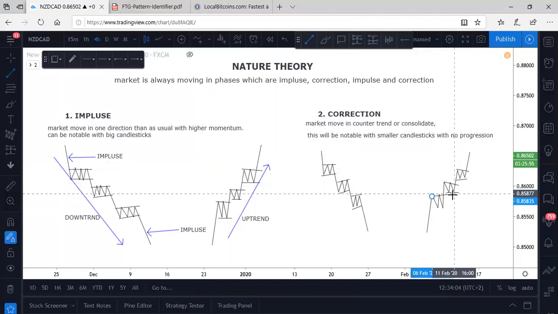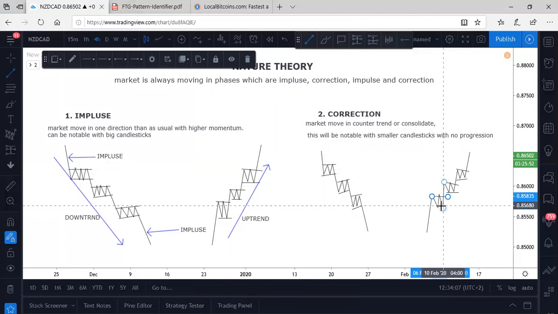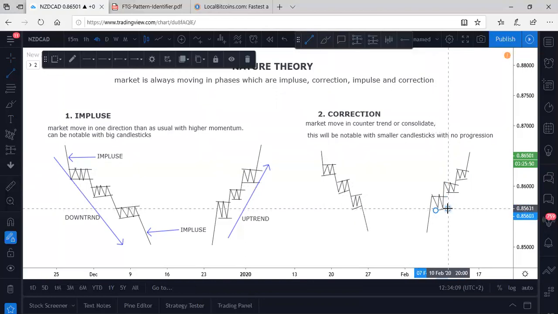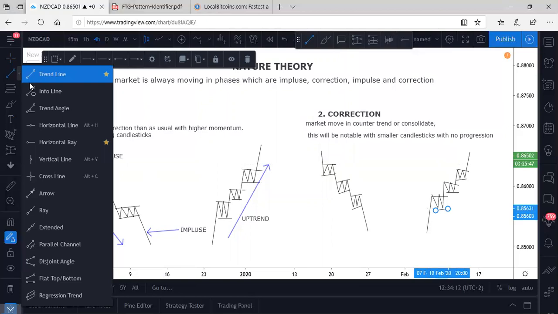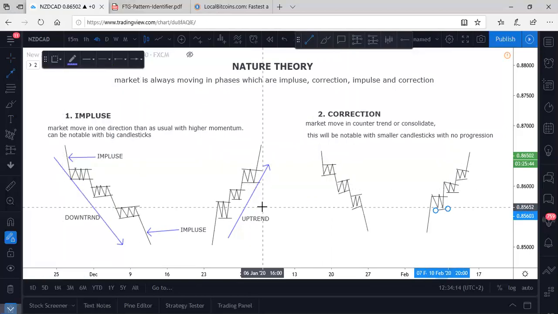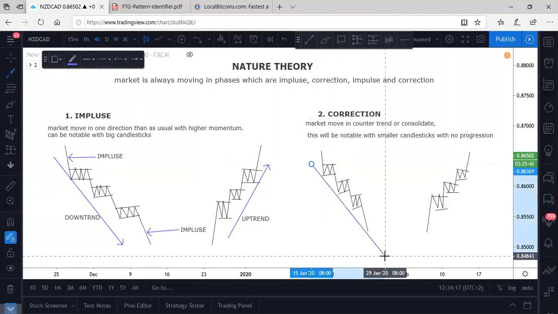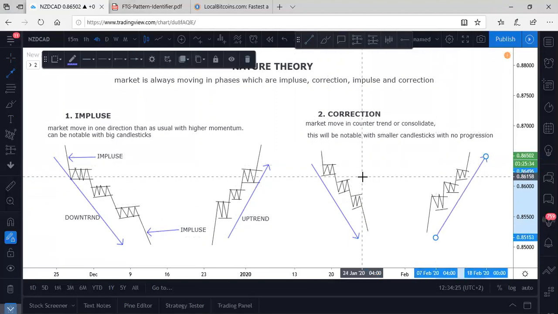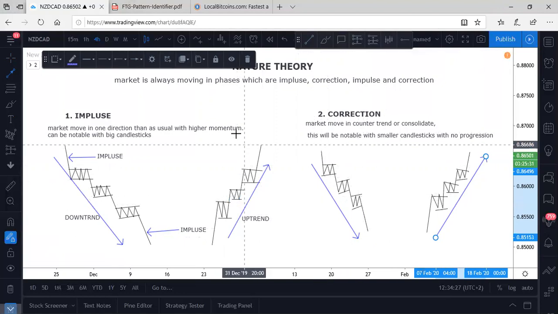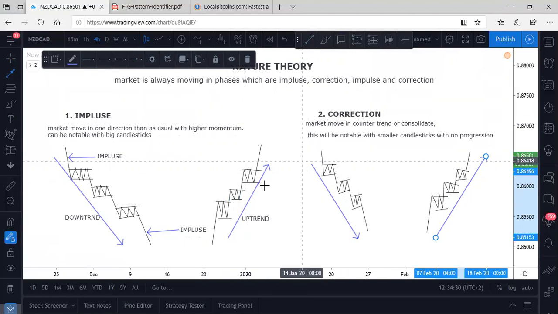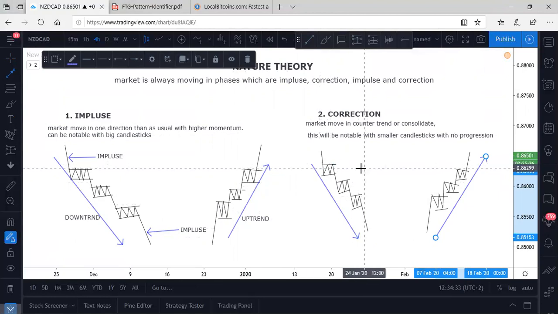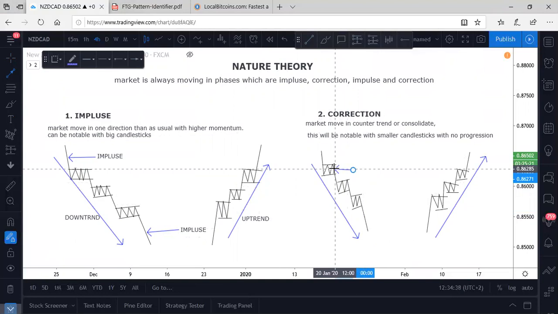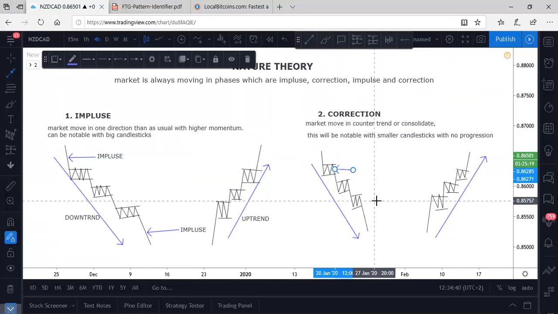Remember, these days sometimes the market can't give you the actual structure, but all you can do is identify what phase we are in. So as you can see here, this is for downtrend and this is for uptrend. So these are correction.